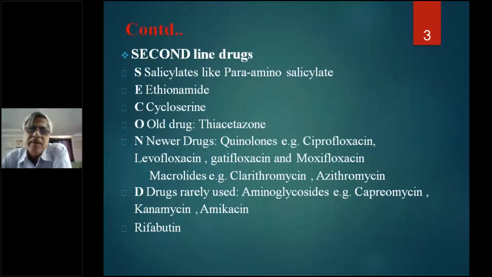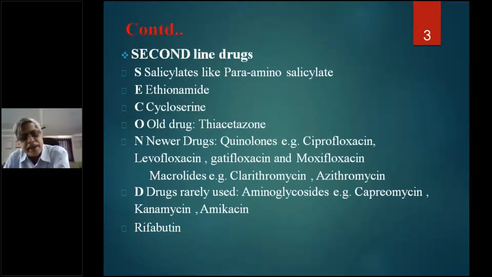Only after 1980 was rifampicin invented. Till then, the treatment of tuberculosis was more than a year. After rifampicin, the treatment became short course, from 12 to 18 months to only 6 months with rifampicin. That is how it started.